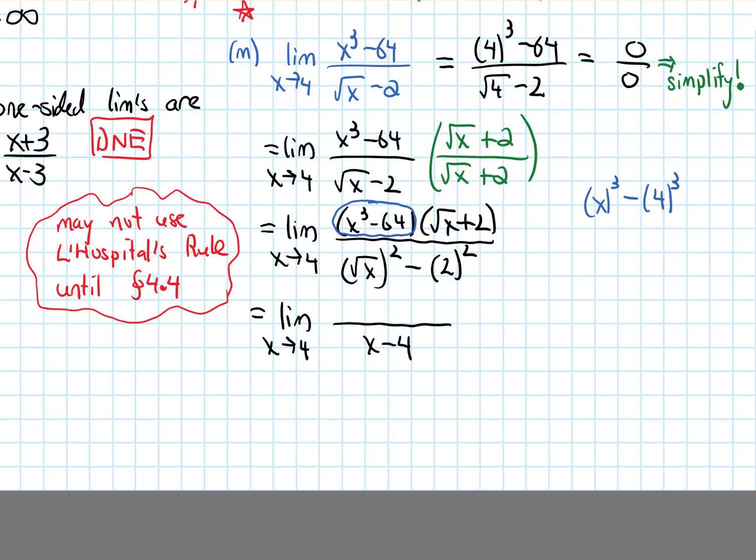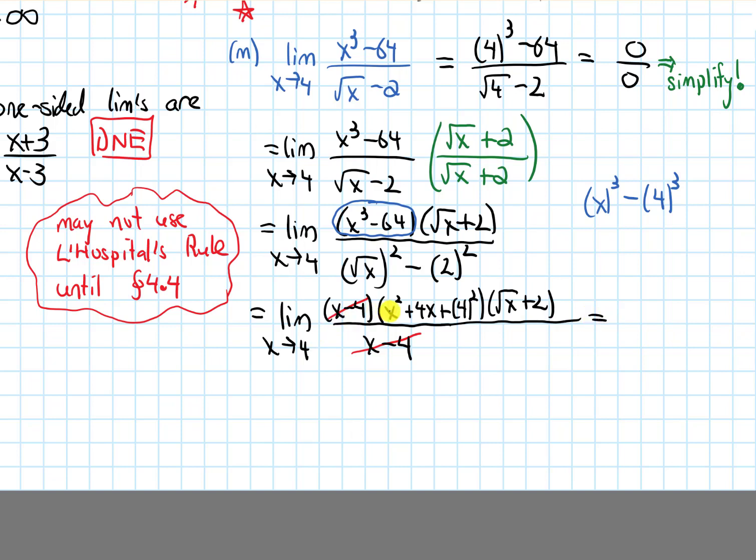So if I use difference of cubes, it factors as x minus 4 times x squared plus 4x plus 4 squared. And then I still have that root x plus 2 on the top. Now I get that cancellation I was hoping to see, and then I can plug in.